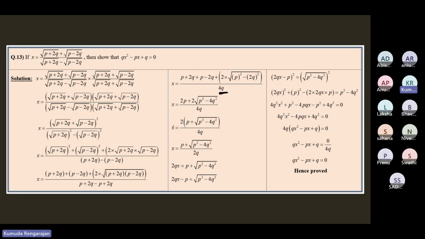Now we'll continue to simplify the numerator further. Open the bracket. So you get P plus 2Q plus P minus 2Q. Now 2Q minus 2Q gets cancelled. P plus P is 2P. And here, this is A plus B into A minus B, which is A square minus B square. So you can see here P square minus 2Q the whole square.